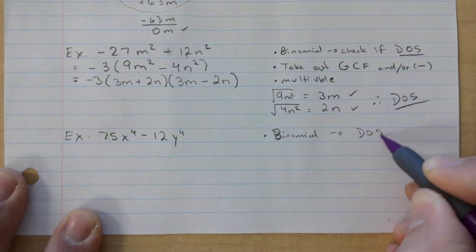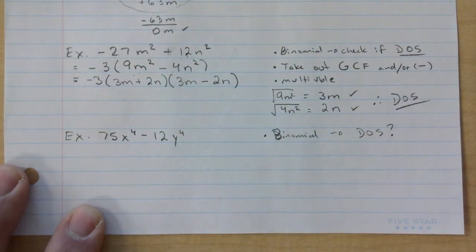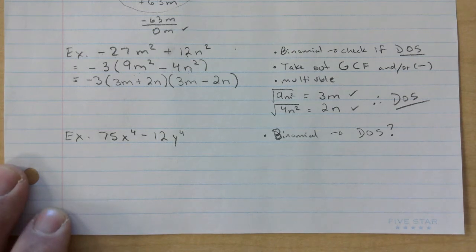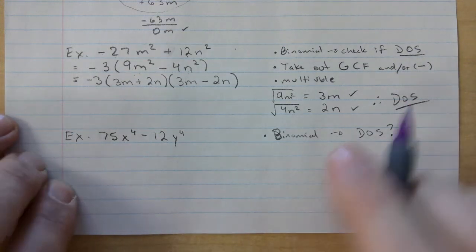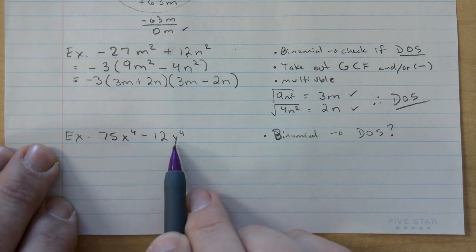Is it DOS? Well, we'll see. We'll do some work with it first of all. Let's do the GCF. Remember section 3.3? That's the first thing we did. Take out a common factor if possible. I'll also make note that it's multivariable.